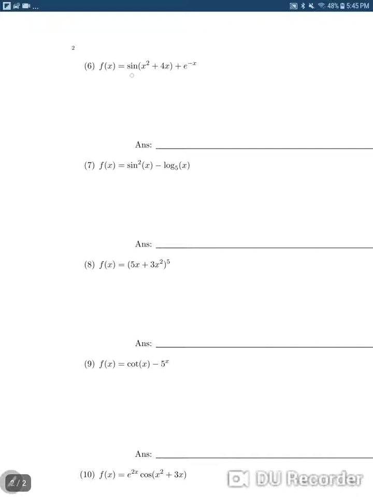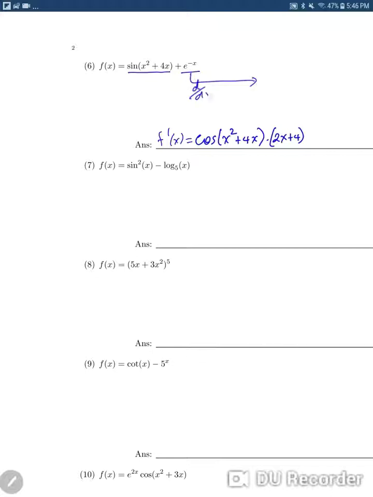Here I have two functions. One is this one and the other this one. I will differentiate them separately. When I differentiate the first one, I see a chain of two functions. The second one also, I'll get to it, but now it's a chain too. So the derivative of the first function is, the outside function is sine, so its derivative is cosine of x squared plus 4x times the derivative of the inside, which is 2x plus 4, plus, let's see if I can differentiate e to the minus x.